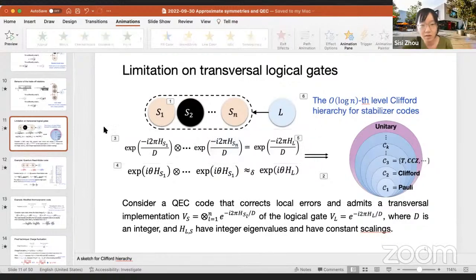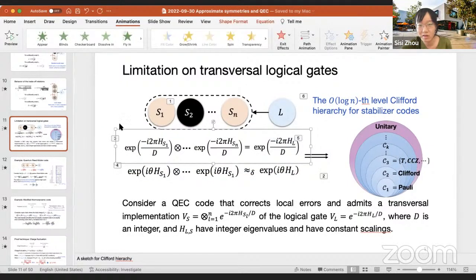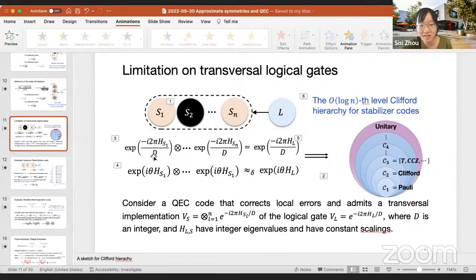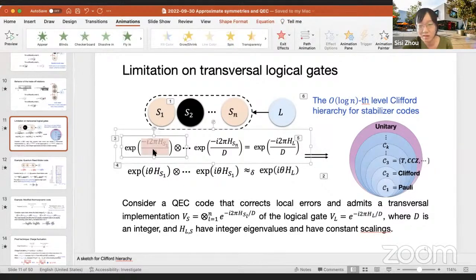Yeah, so I guess it's because many known examples of transversal logical gates have this form. So that's why it is important to consider this type of transversal logical gate, where basically you put this H to be a constant, and then you consider a family of codes where D increases.